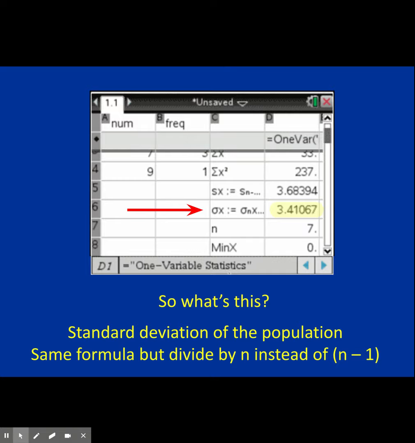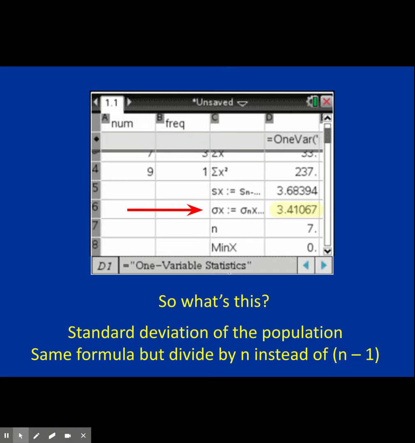It's calculated the same way. It's just that if you're taking everything from the population, then you don't have to divide by n minus 1. You don't have to give yourself that wiggle room because you're taking the average of all of the data. That wiggle room is there to take into account, for samples, any possible variability that might show up if you pulled, say, a different sample of 10.